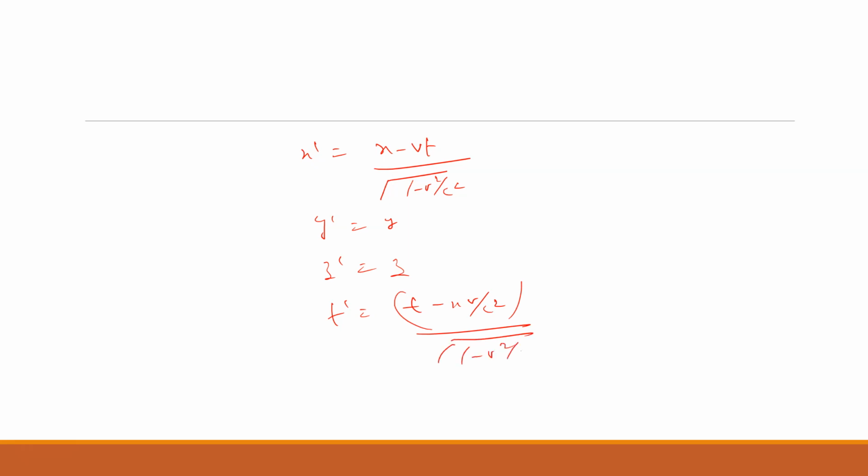Now from the Lorentz transformation equations, that is x dash equals x minus vt divided by root of 1 minus v square by c square, y dash equals y, z dash equals z, and t dash equals t minus xv by c square divided by root of 1 minus v square by c square.